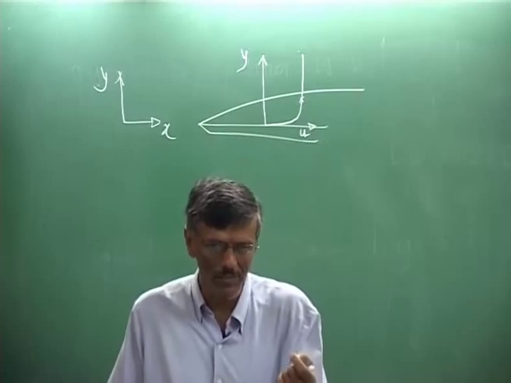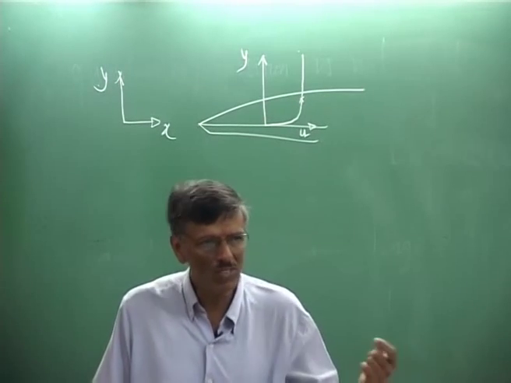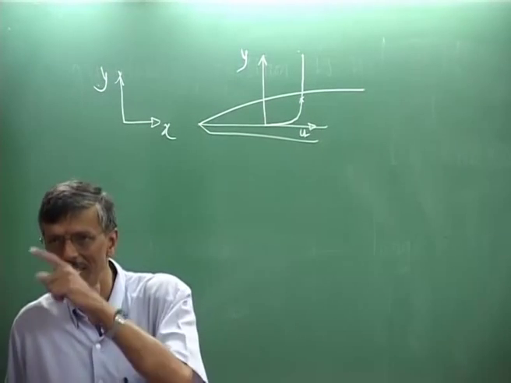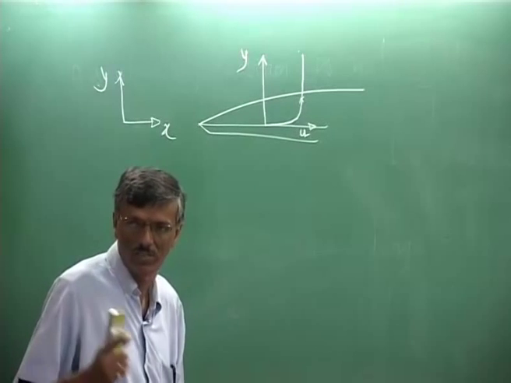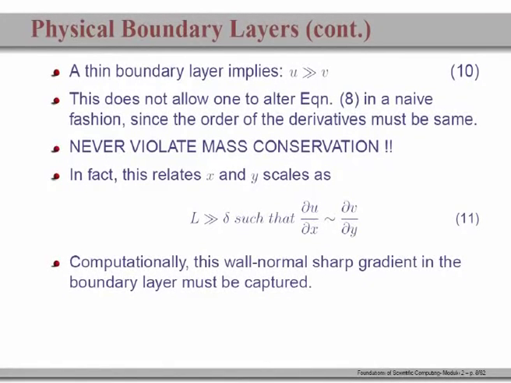Any particle, when it moves in, convects faster in the x dimension than in y. That is what makes this layer thin. So, one of the consequences of that observation is, of course, u is much larger than v. The same way we have already noticed that L is much larger than delta.